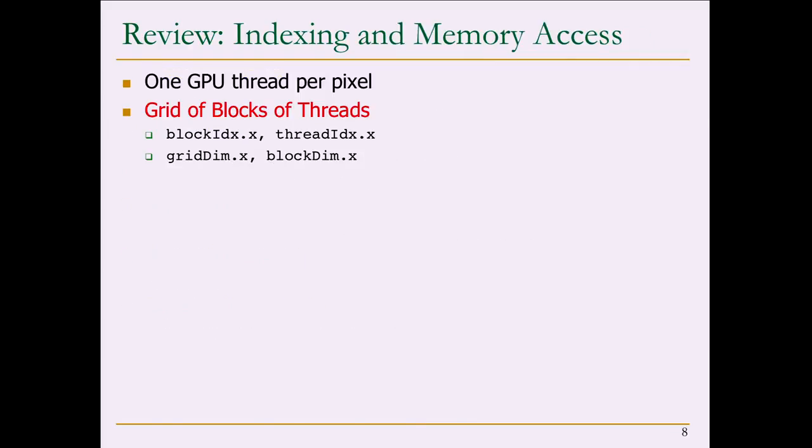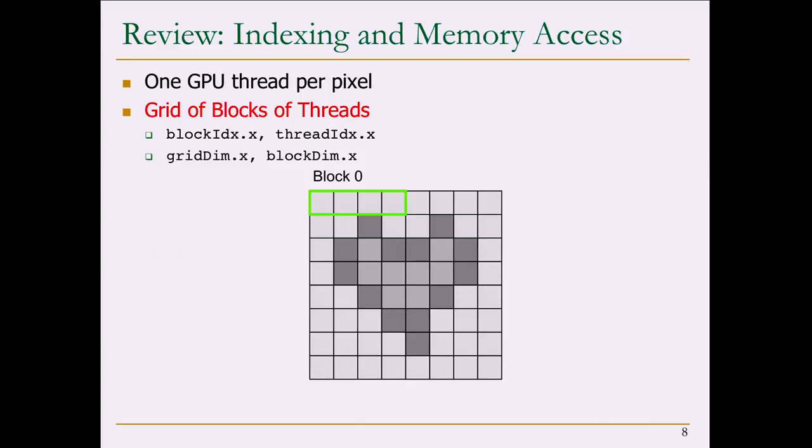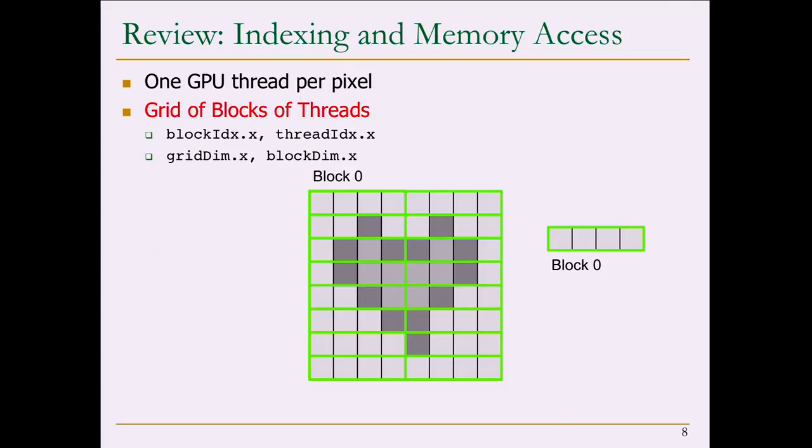We also took a look the other day at how data is accessed by threads belonging to one thread block. Remember that, in this particular example, we have an image, and this image is divided into different chunks or tiles. Each of them is assigned to one thread block, and each of the pixels is assigned to one thread.